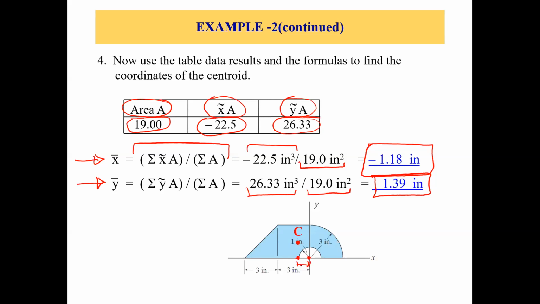Now y bar is 1.39 inches, so let's say somewhere here. This is your y bar. Now if you locate these x bar and y bar to a point, this is the point which we can call capital C, or the centroid of the whole shape.